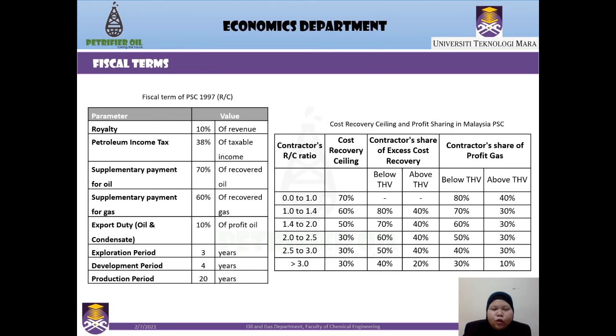For the economic evaluation of Glamour Merah field production, our group has decided to apply the production sharing contract, PSC 1997, for splitting profit.